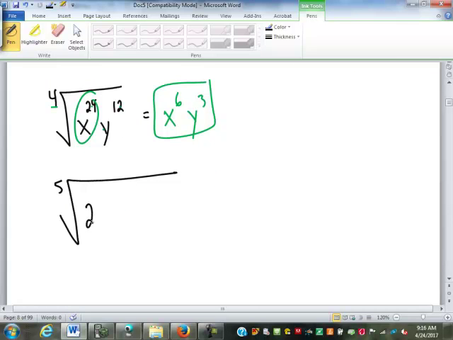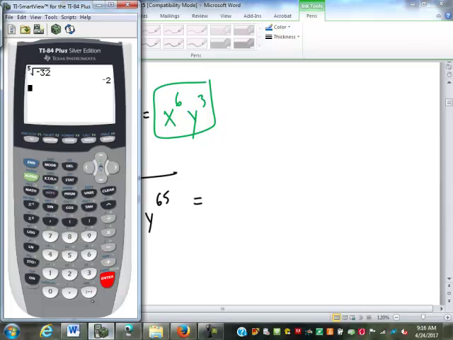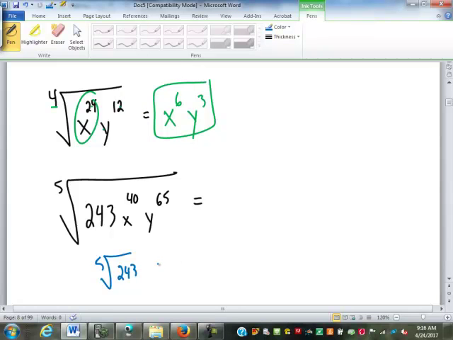And we might have the fifth root of 243, x to the 40th, y to the 65th. Now, when we do this, do we take 243 divided by 5? No. We actually have to do the fifth root of 243. So fifth root of 243 should be 3. Then we do the variables.